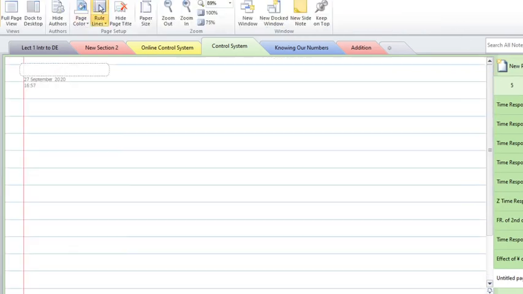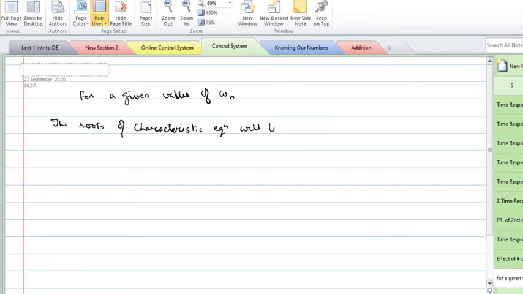Now, if we look at the locations of these roots, then for a given value of omega n, the roots of the characteristic equation will lie either on the imaginary axis or in the negative real part. So it looks like this.